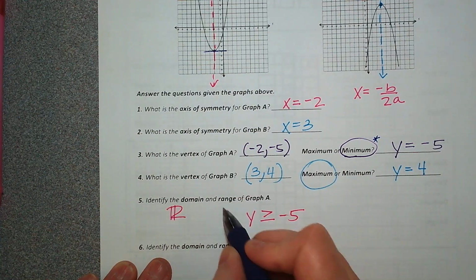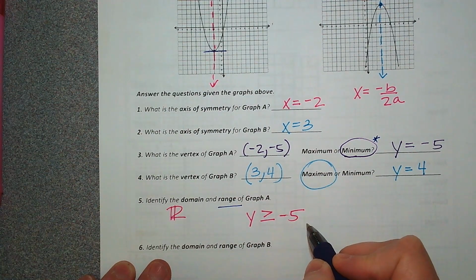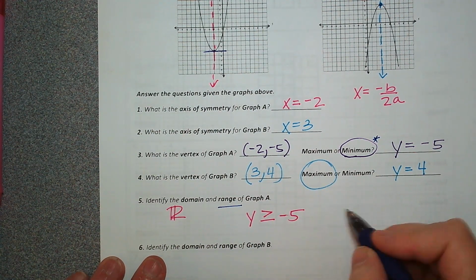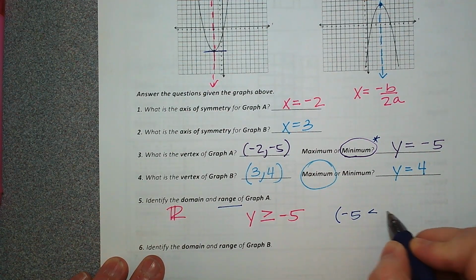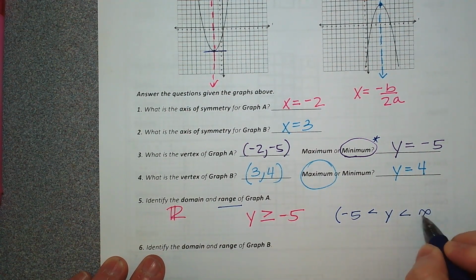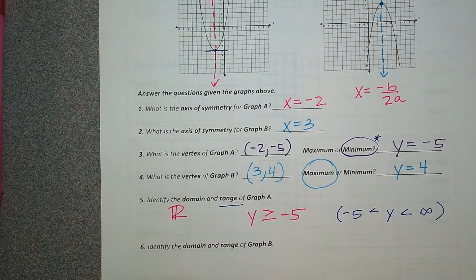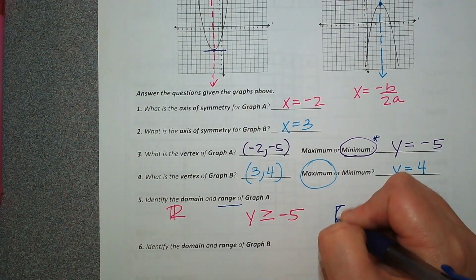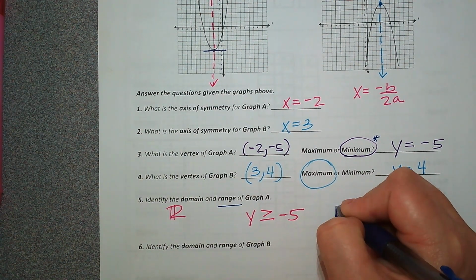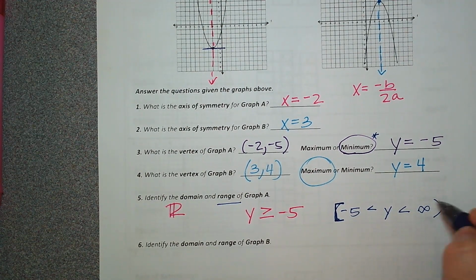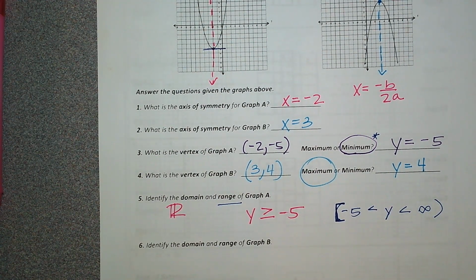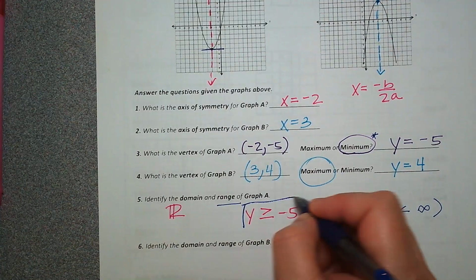So the range of graph A is y is greater than or equal to -5. So that means the y values go from -5 up to positive infinity. That should be a bracket, not a parentheses, because that point is included in the range. But if you just want to write it like this, it's fine.